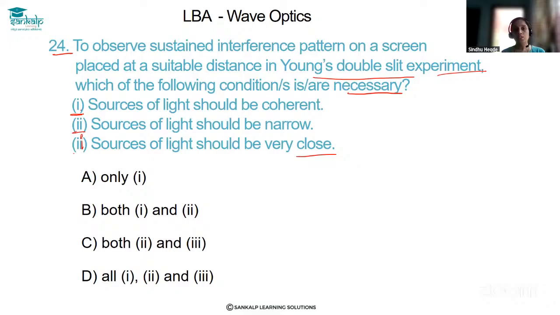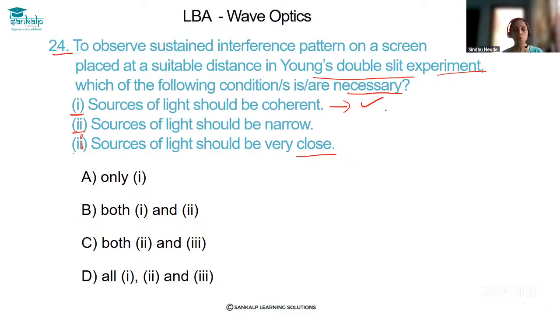Let us check the statements one by one. Sources of light should be coherent. Is this necessary or not? In Young's double slit experiment, to obtain interference pattern on a screen at a suitable distance, the source of light should be coherent is very, very important. So this statement is necessary. Why?